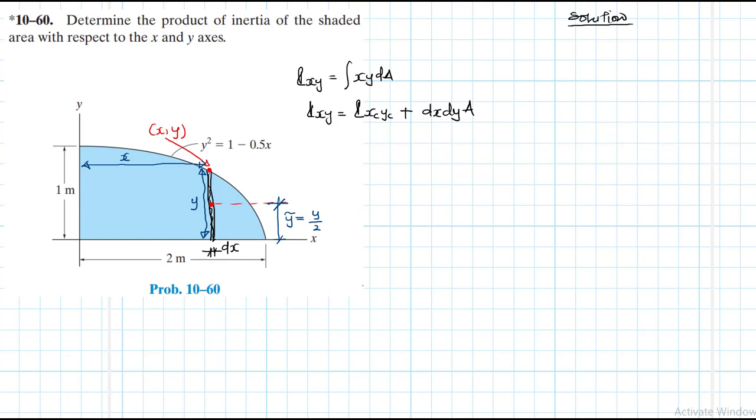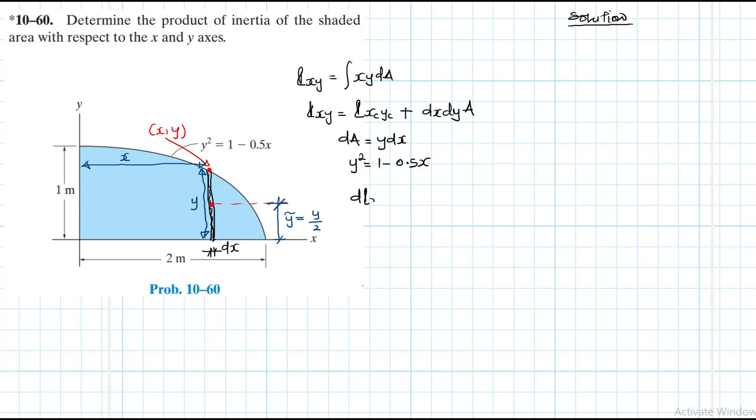Okay, so now we know that our dA is going to be equal to the height, which is y, times the thickness, which is dx. All right, and then we have the equation governing this area, y squared equal to 1 minus 0.5x. So let's write this product of inertia in differential form.